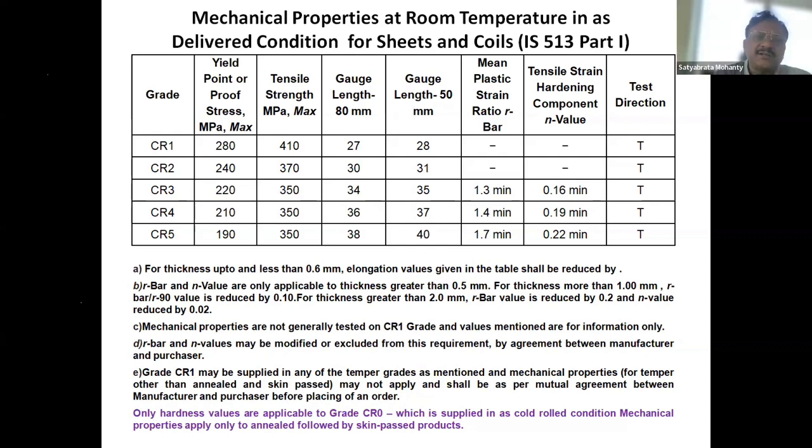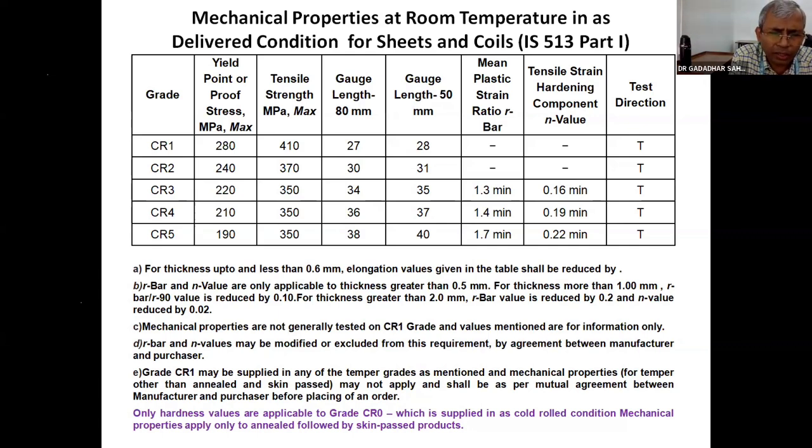Basically it is the displacement in the plastic zone. The R bar value suggests the dislocation or displacement, that is, the elongation in that zone. No, it is very different. It is not YS, UTS related. I'm not going much deeper because I am not going into the scientific side.